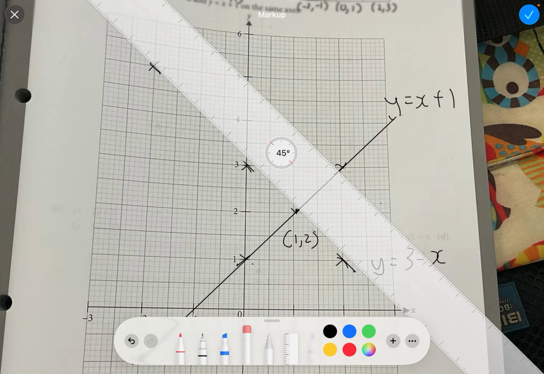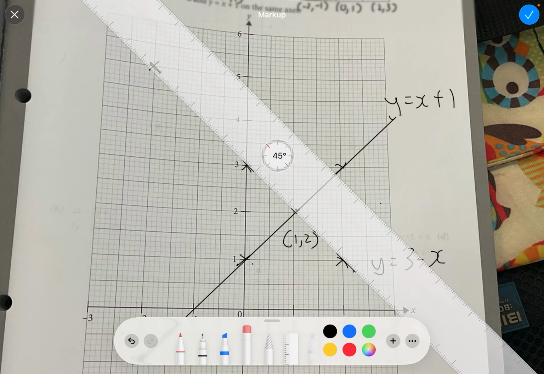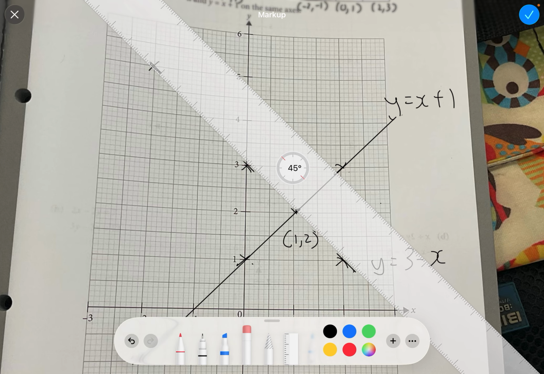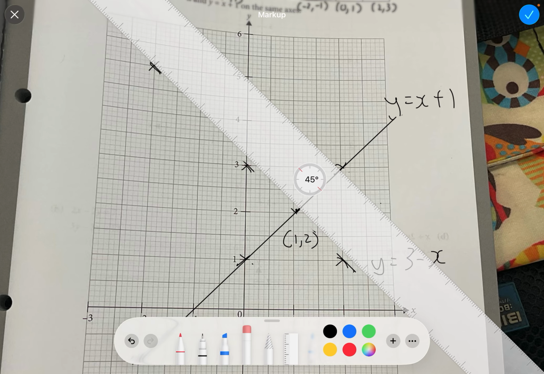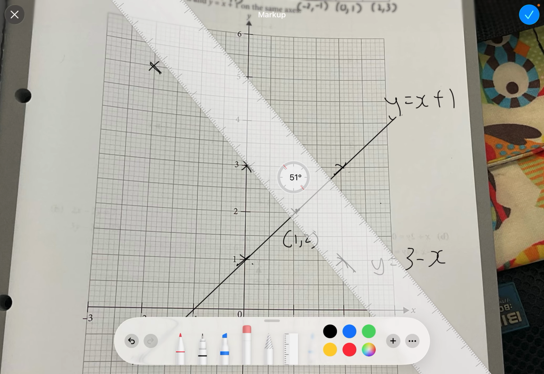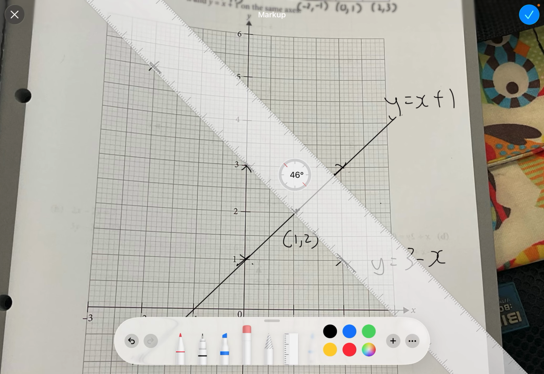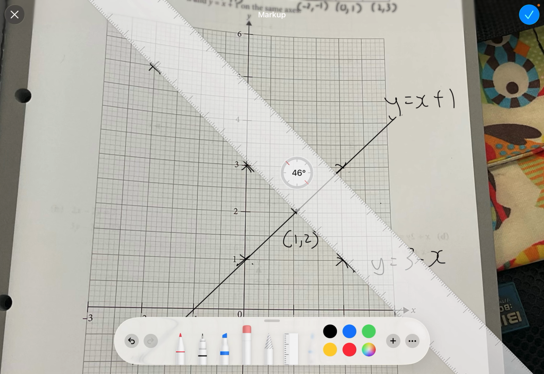If you are not sure, you can put these values back to double check. So for equation 1, y is 3 minus x. If x is 1, 3 minus 1, right hand side will be 2. Left hand side is only y, y is 2. So you can double check that this satisfies equation 1.